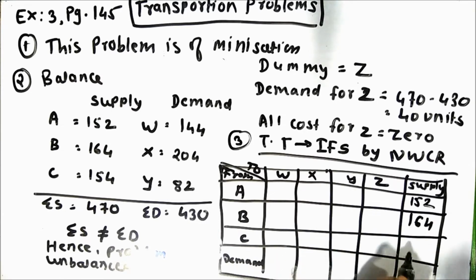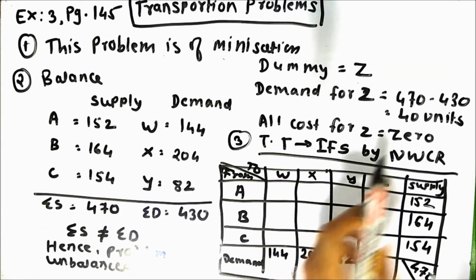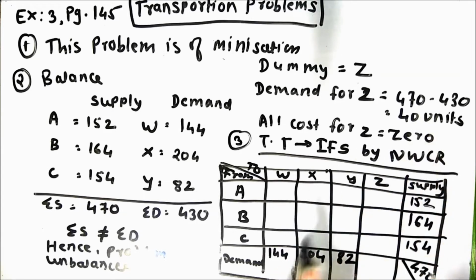For C it is 154, which comes to 470. Like this, for W we have 144, for X we have 204, for Y we have 82, and for Z, which is the dummy, the difference is 40. So let me write the 40 here.